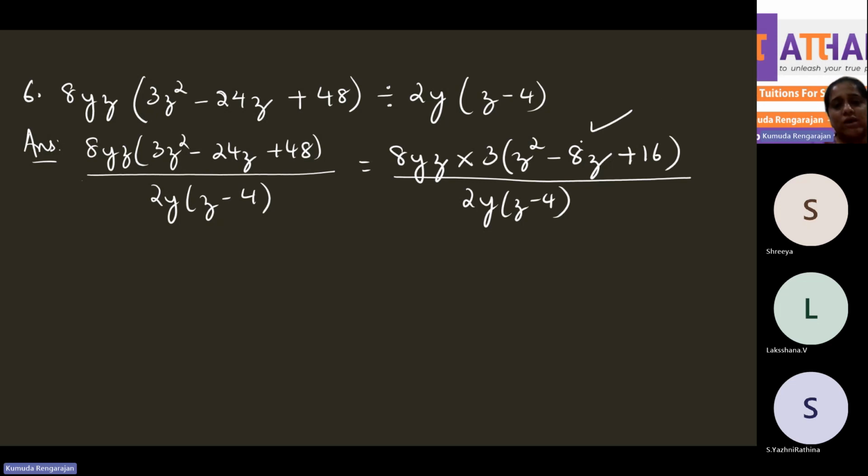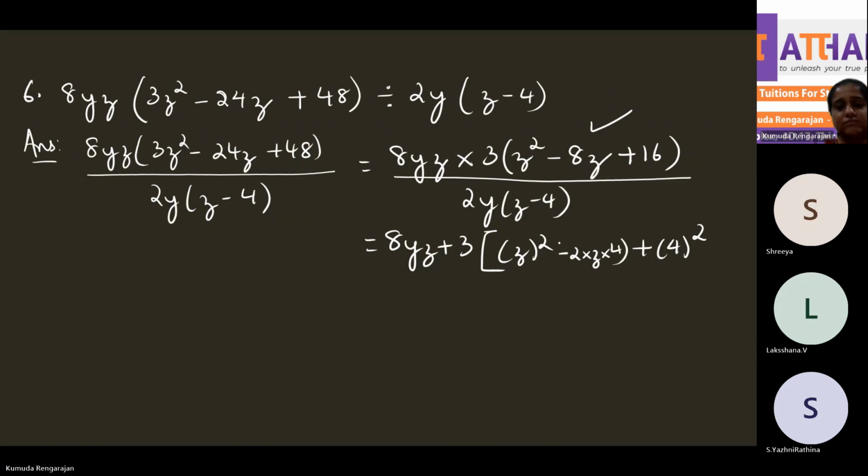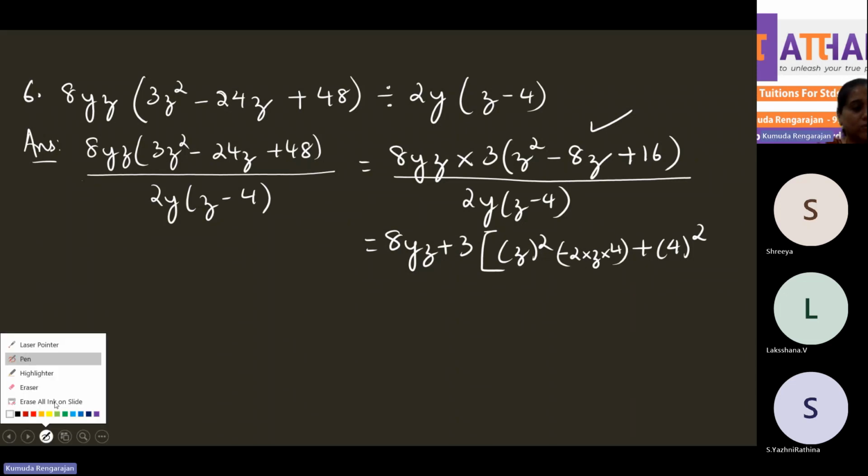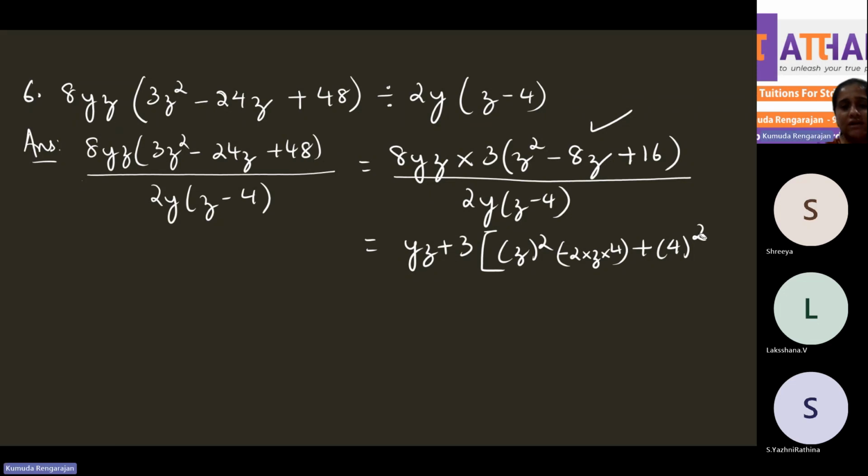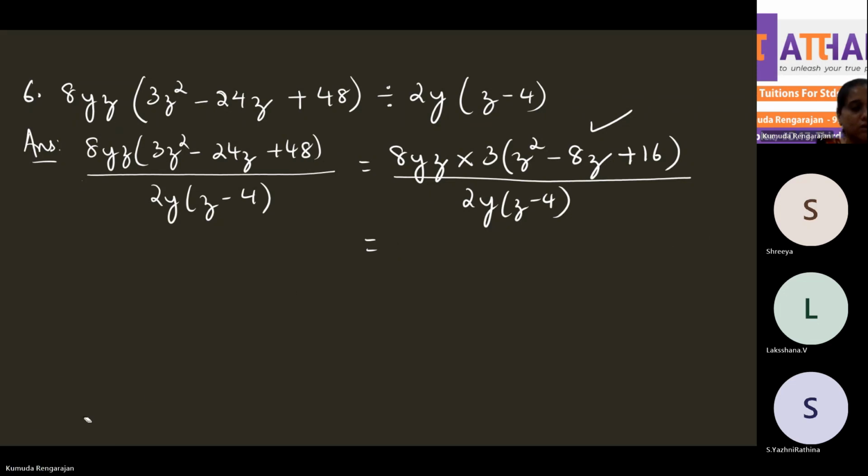Now, when you again look at the 3 terms in the bracket, it's of the form a square minus 2ab plus b square. Okay, so see here, it should be written as a the whole square plus b the whole square minus 2 into a into b. I'll write it again for you. See, 8yz as it is into 3 as it is.